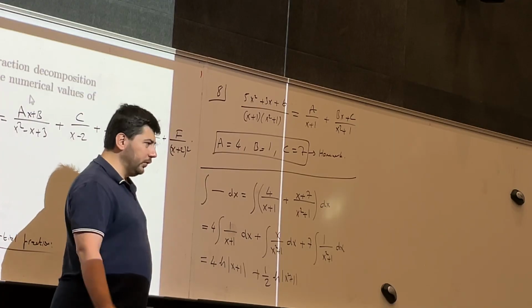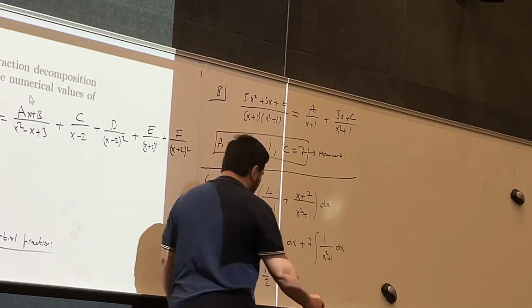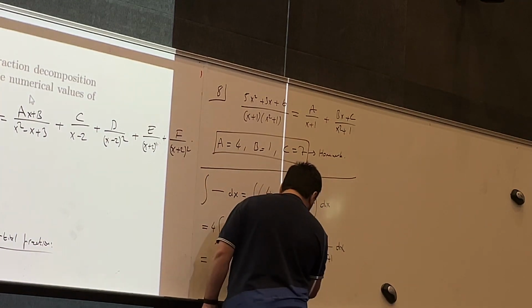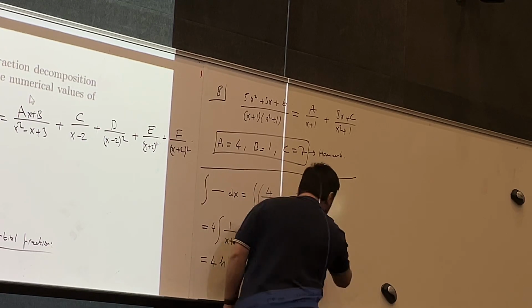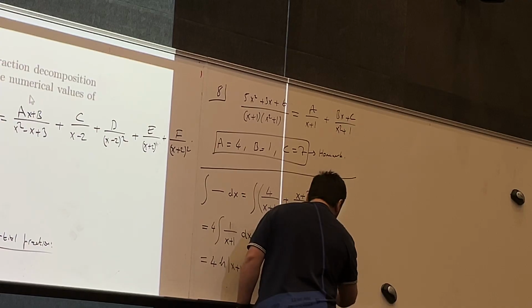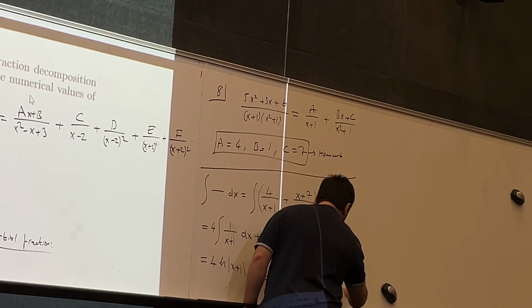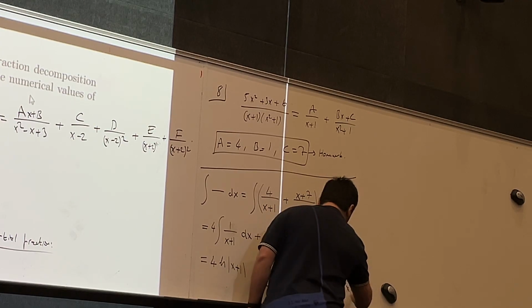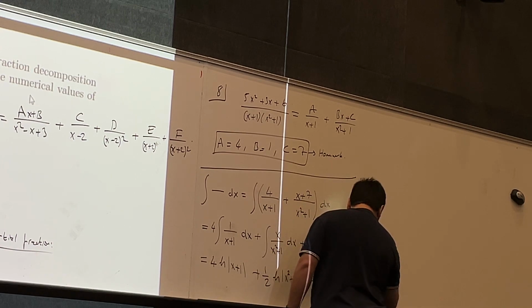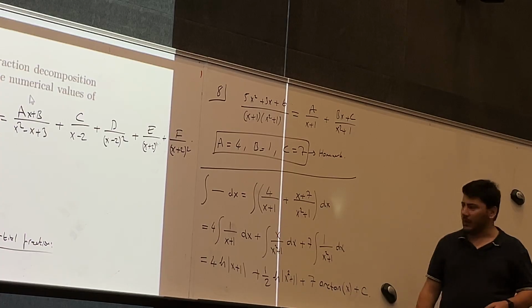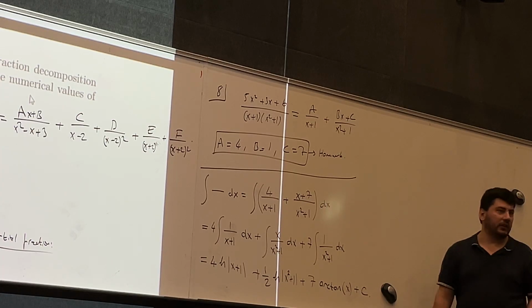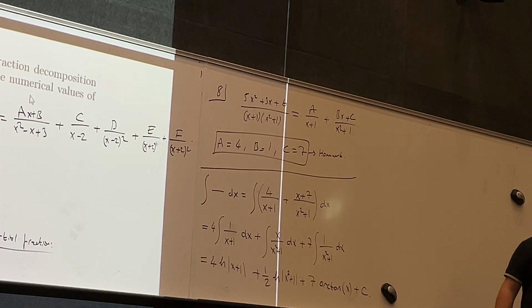If you do u substitution, you'll get this. Tangent inverse. Your final answer should look like this. Does this make sense?